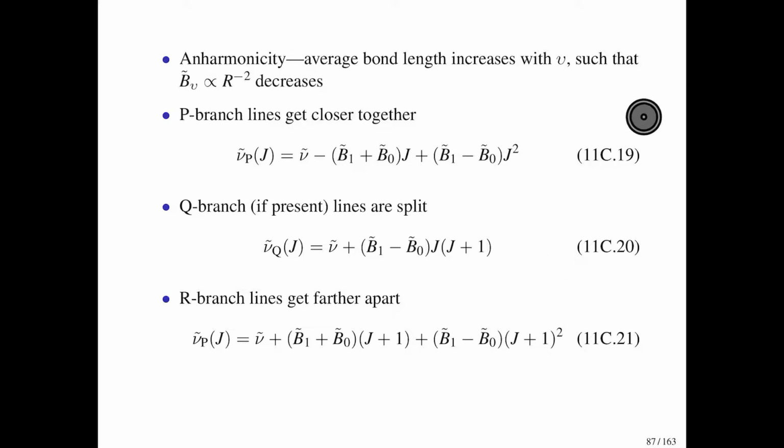And what you find is that this effect causes the P branch lines to not be perfectly equally spaced. They get closer together as the quantum number increases. You find that the R branch lines will get further apart as J increases.